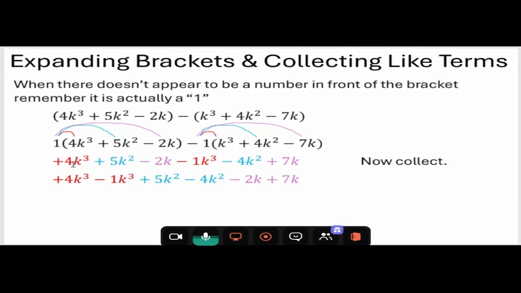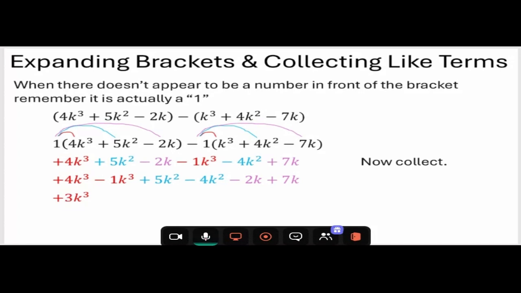And so some people will see 4k cubed minus k cubed without the 1 written there, and they will think that that does nothing, but it's not nothing. It's 4k cubed minus 1k cubed, so 4 minus 1 is 3k cubed. 5k squared, so positive 5 and negative 4 is positive 1. Negative 2 and positive 7 is positive 5.